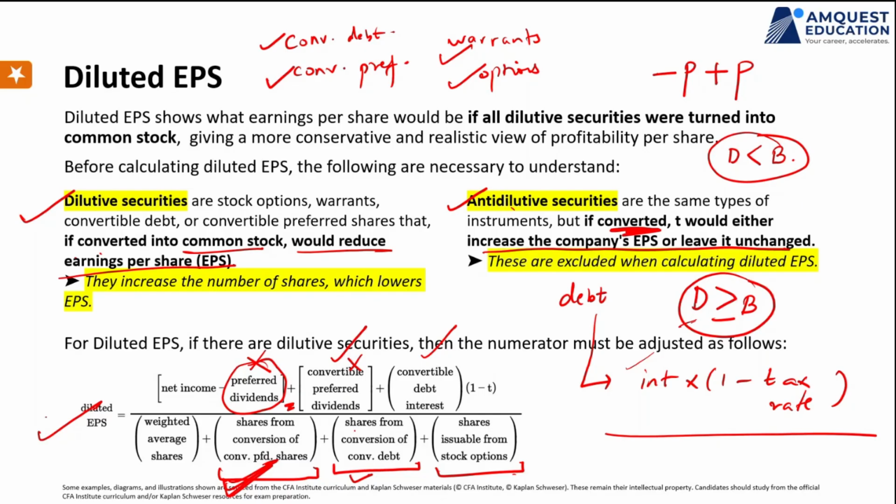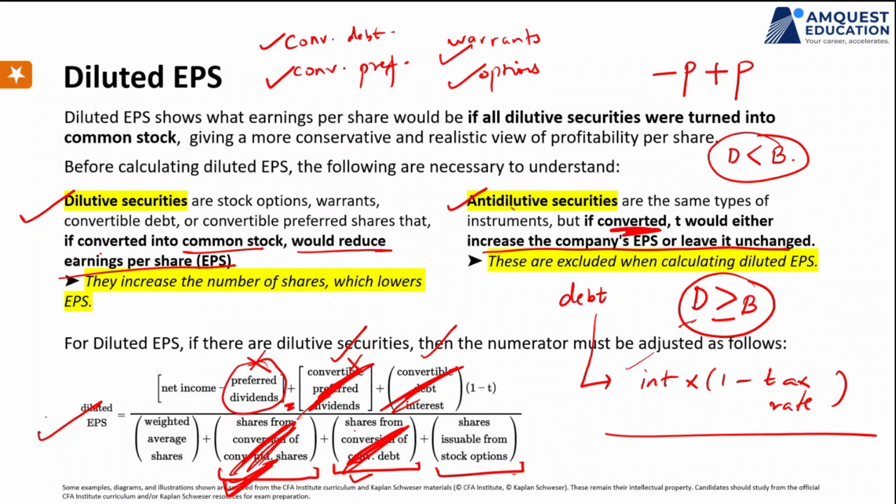If there are only options available, then you don't need these four adjustments. If there's only options, you just have to add the options to the denominator. Warrants, you will have to just add the warrants to the denominator. So the equation will have to be modified based on what is available in the question.